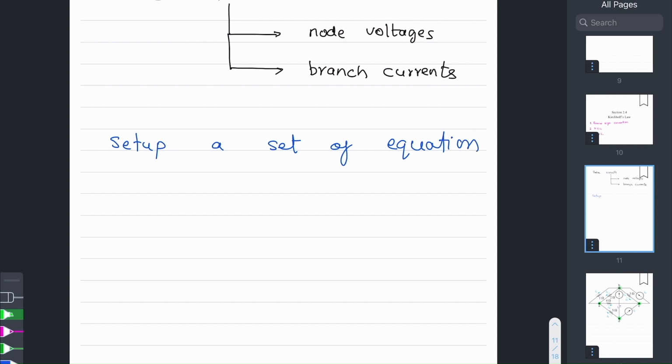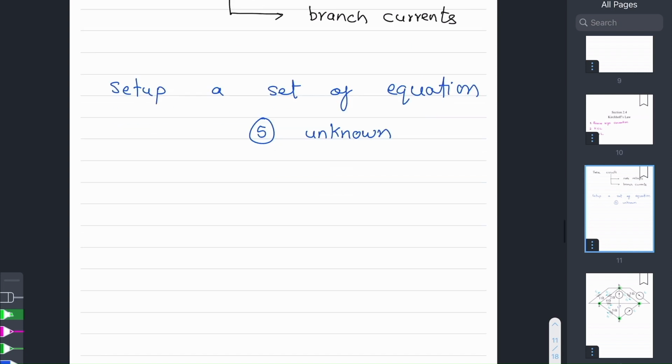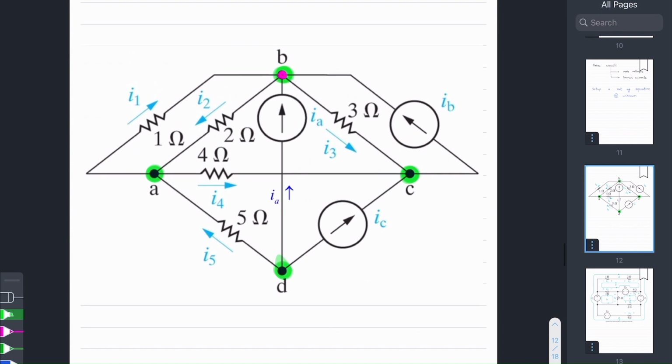Okay, if there are 5 unknowns or 5 branch currents that we don't know, we set up 5 equations. These 5 equations we can solve simultaneously. If there are 5 unknowns from algebra, we know we need 5 equations. So we use KCL and KVL to set up those equations, okay, and solve them. So let's look at KCL. We'll start with KCL, Kirchhoff's current law, okay.